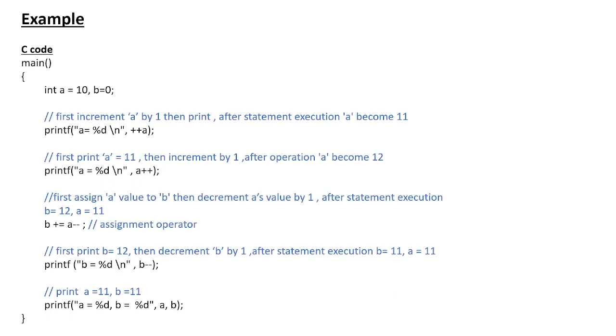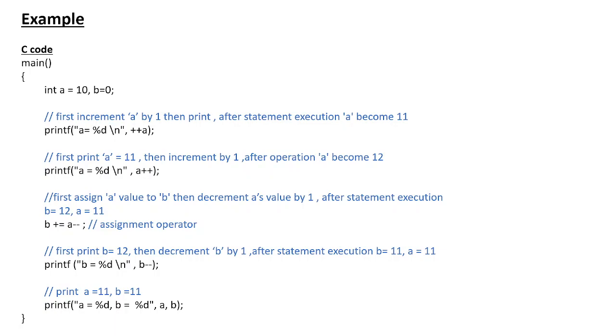Consider this example. What will happen? Say we have taken two values: a equals 10 and b equals 0. First we try to print plus plus a. So what will happen?